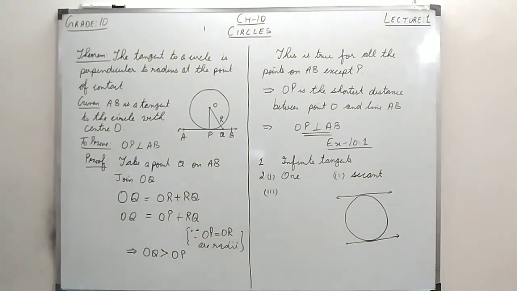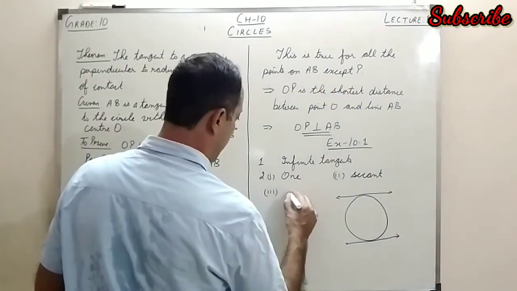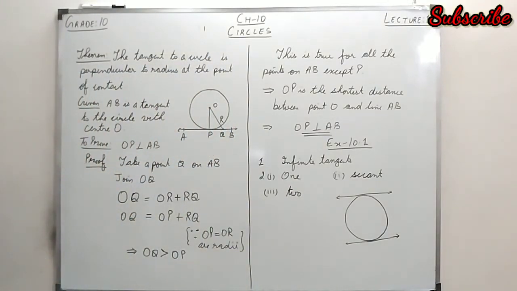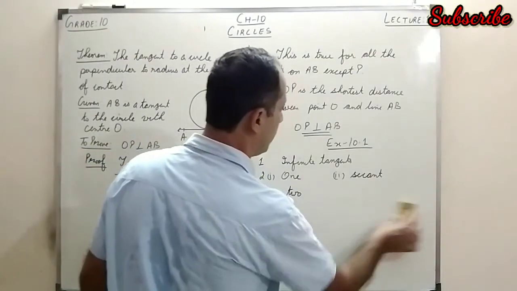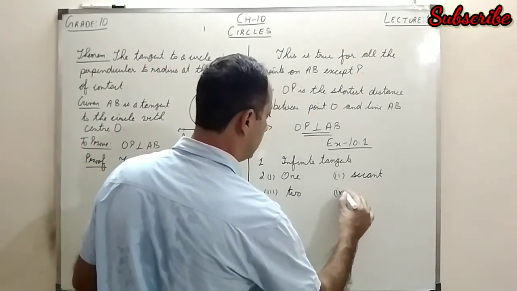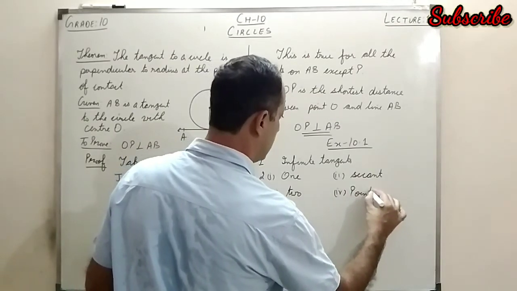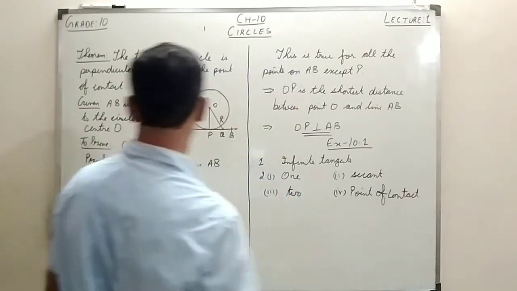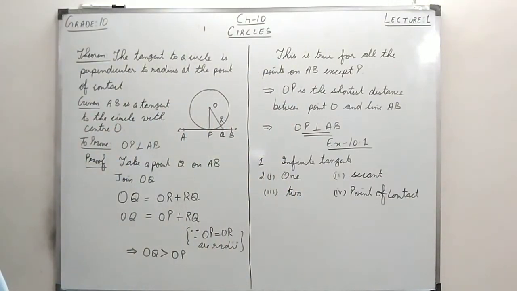A circle can have 2 parallel tangents at the most. So we write 2 here. Now the fourth part: the common point of a tangent to a circle and the circle is called the point of contact. So this is your second question, right?